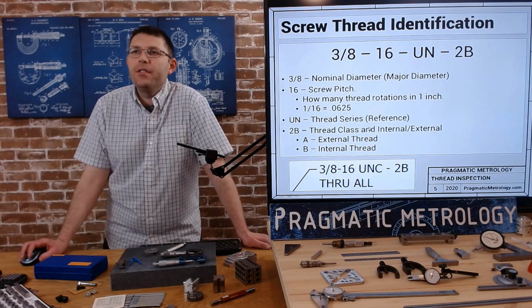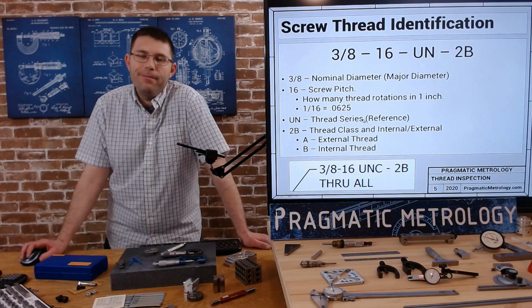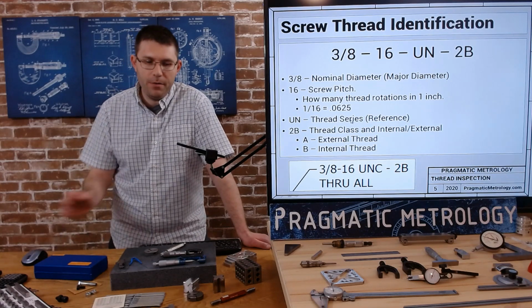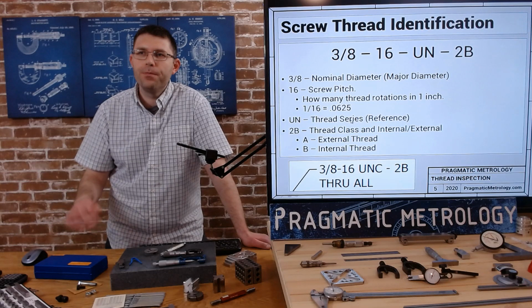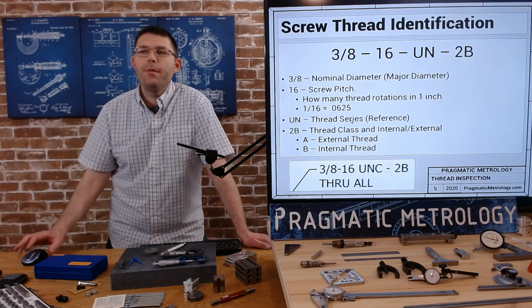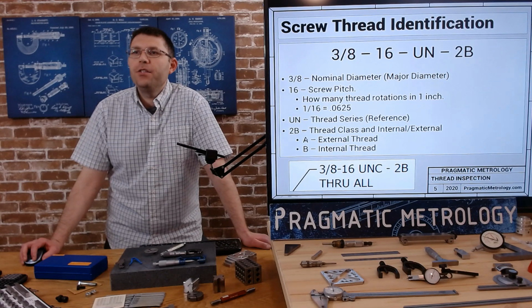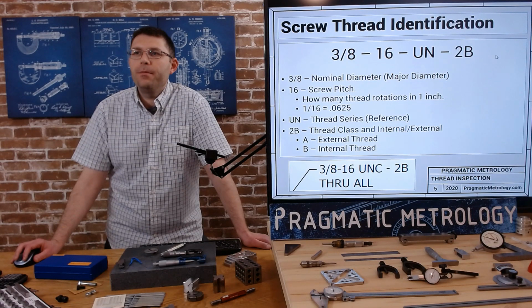UN is the thread series, so Unified National, nothing to verify this really. The thread shape, of course, but as we buy thread gauges for 3/8-16 UN, we're going to be verifying that. So 2B and 2A, this is where you need to pay a little bit of attention.